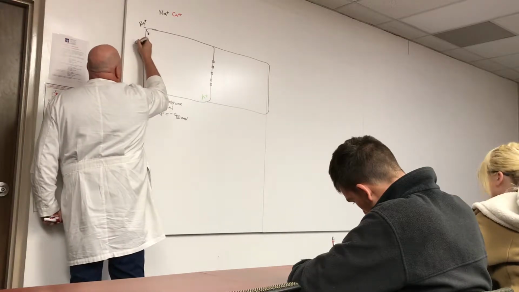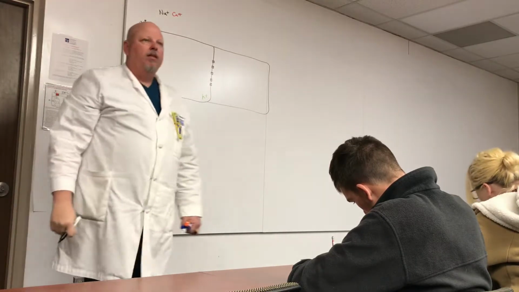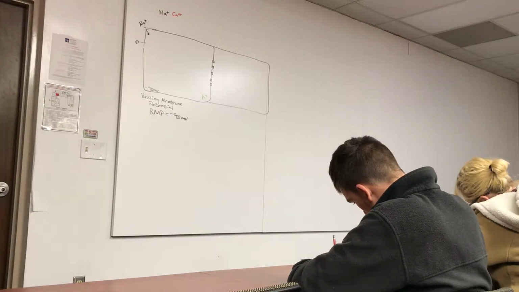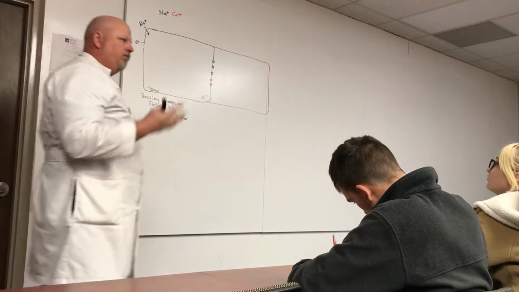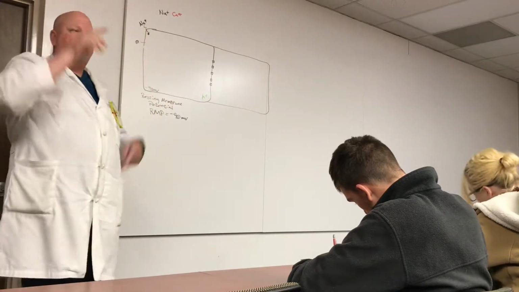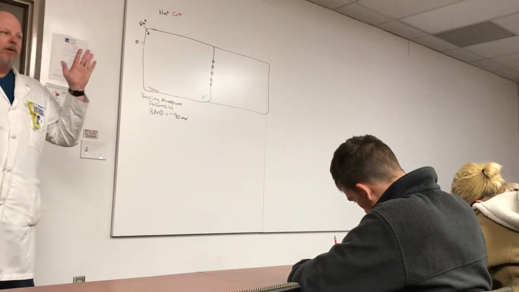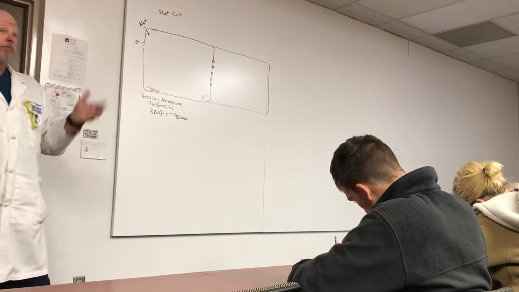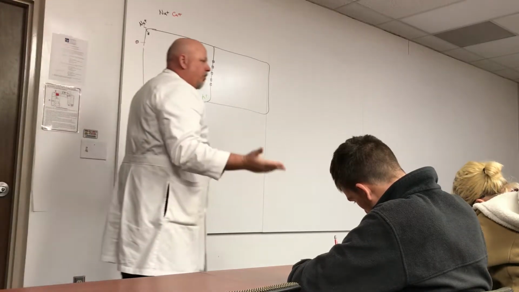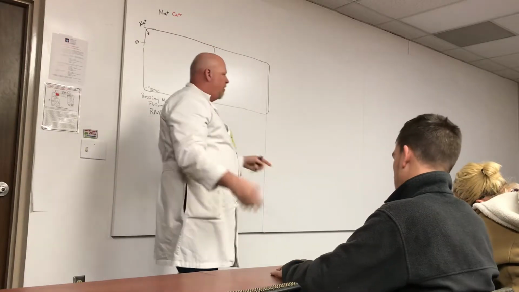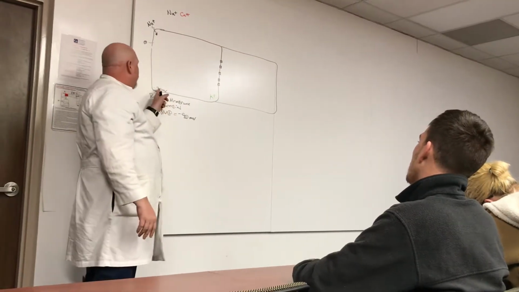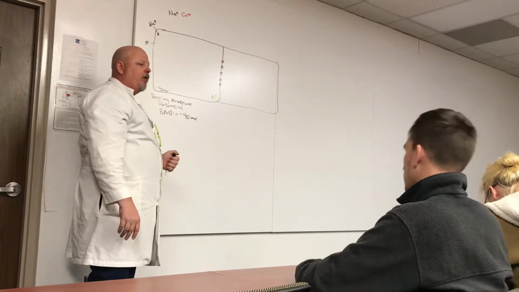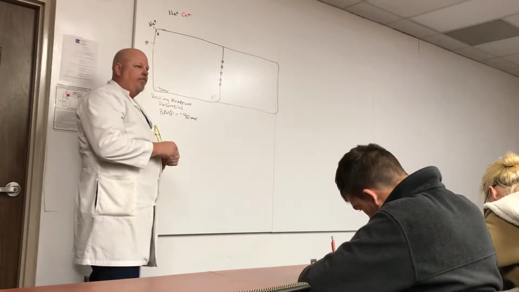Minus 90 millivolts gives the cell what we call polarity. The distance away from zero is a polar, either positive or negative away from zero, so we end up with a polarity, in other words, a charge. So minus 90 millivolts is the resting membrane potential of a myocardial cell.